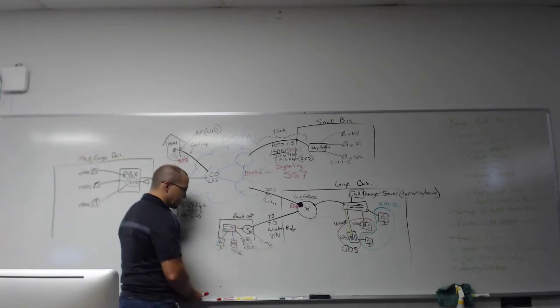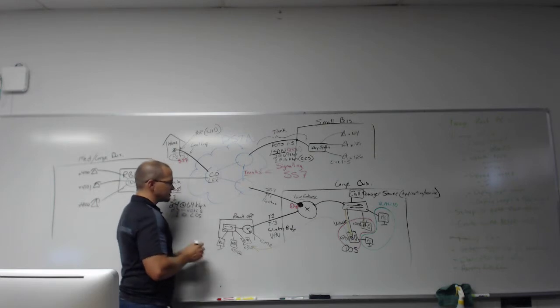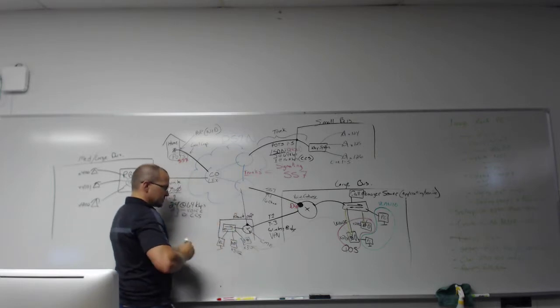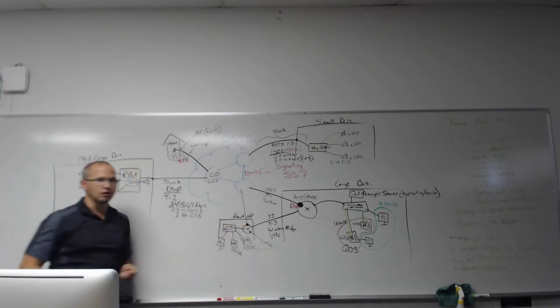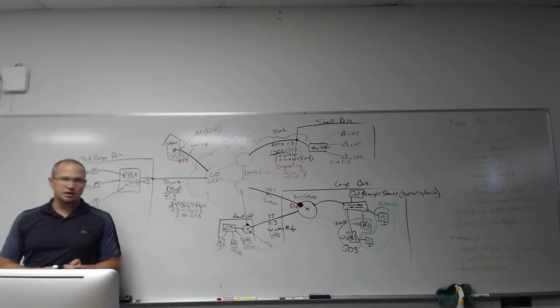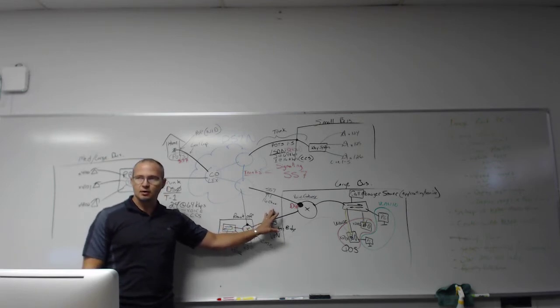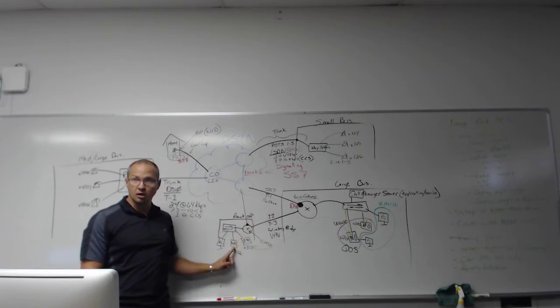Now, for safety purposes, we should probably also put some sort of module in here at the local office. Because in case this connection goes down between the two sites, we still want these guys to be able to call 911.